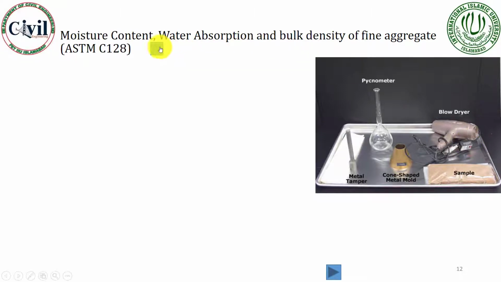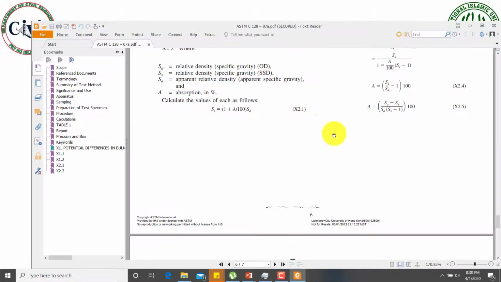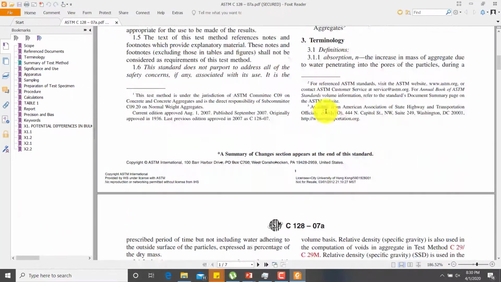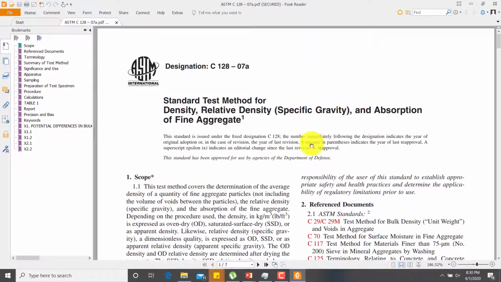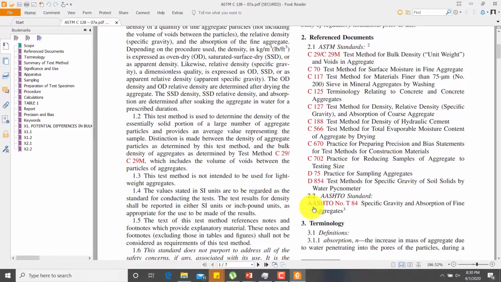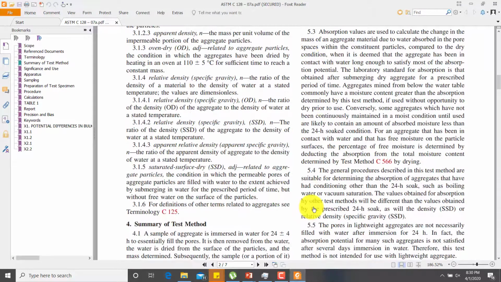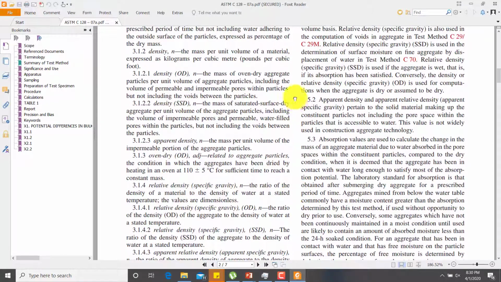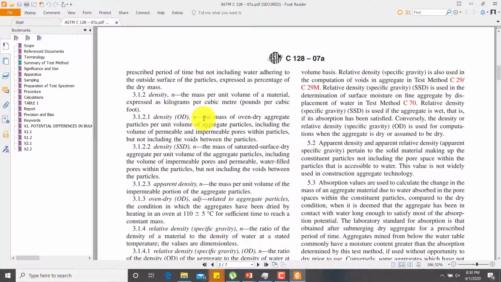So according to ASTM C128, we have this standard procedure for specific gravity, relative density, and water absorption of fine aggregate. You must get to know the definitions of these entities. Density is the mass of an oven dried specimen per unit volume.